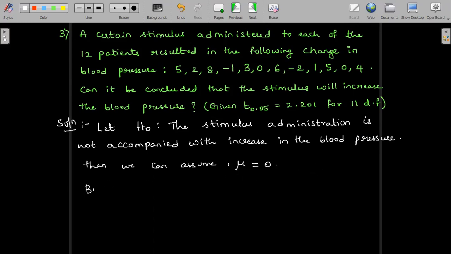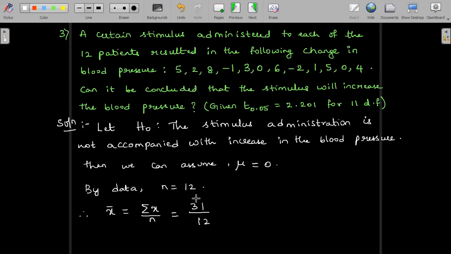And now by data we have n equal to 12. So let us find out x bar. So sum of all x values divided by n. Sum of all x values gives us 31 divided by 12.